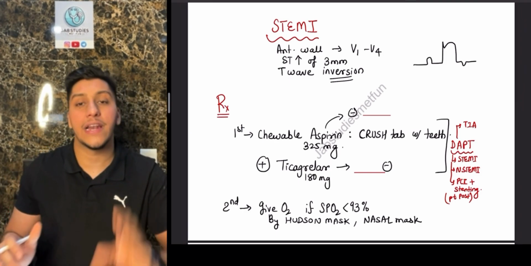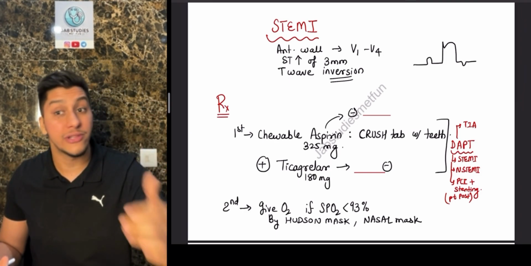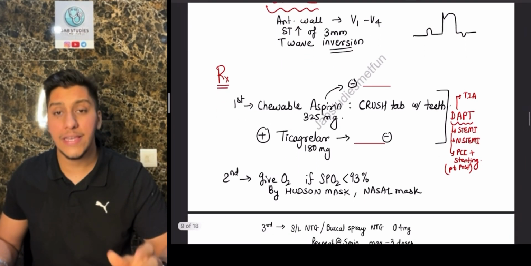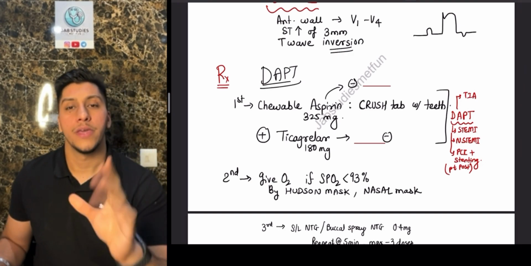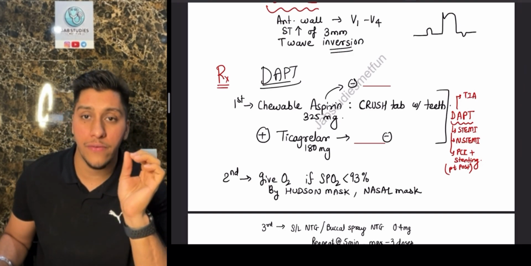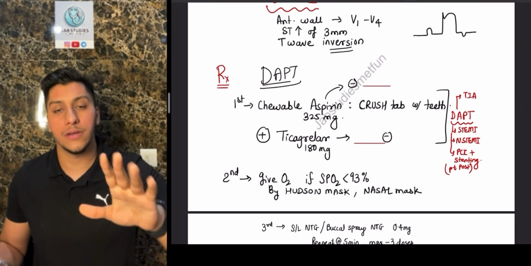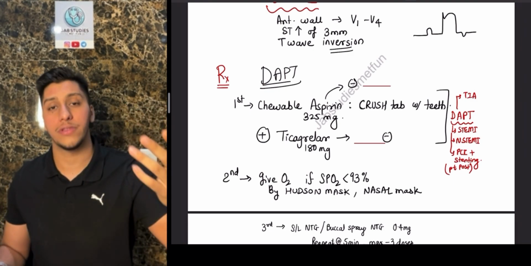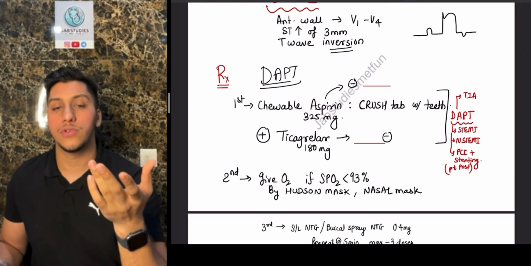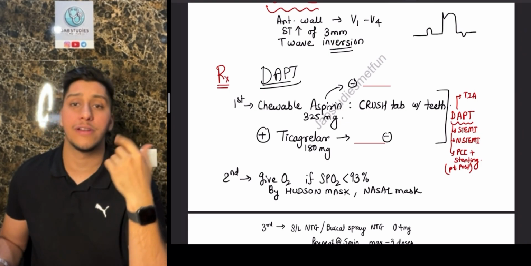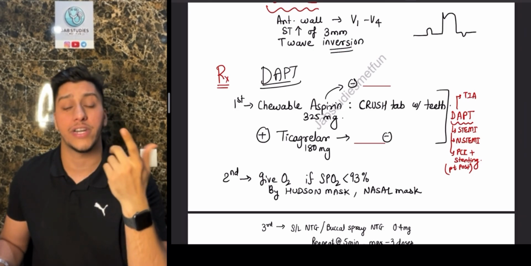Now, treatment I'll give you a mnemonic later on, but let us talk about the actual thing that happens in the hospital. First thing is you're going to give dual antiplatelet therapy. In this, you're going to give aspirin. I'll advise you, if you ever see this happen around you, this is the management we generally give. The emergency dose: you are going to give 4 tablets of aspirin, 4 tablets of clopidogrel, and 4 tablets of atorvastatin as well.